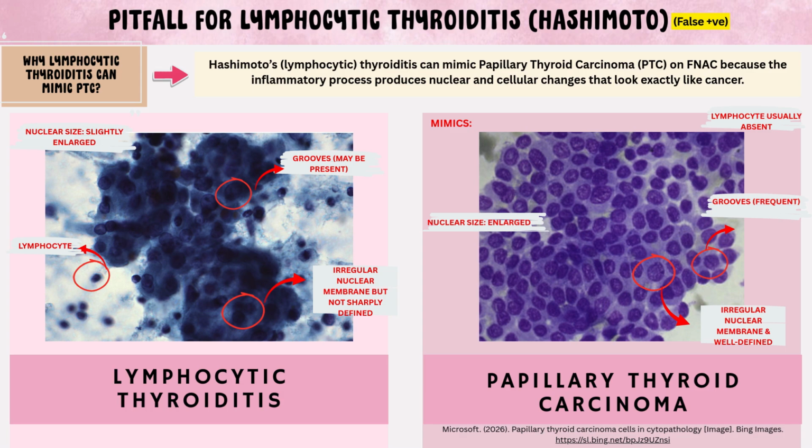Here, the nuclei are more markedly enlarged, the nuclear grooves are frequent, and the nuclear membranes are irregular but well defined and sharp. In contrast to thyroiditis, lymphocytes are usually absent, and the nuclear features are more uniform and malignant in appearance. Therefore, the key pitfall is that inflammation in lymphocytic thyroiditis can produce PTC-like nuclear changes, leading to potential overdiagnosis.